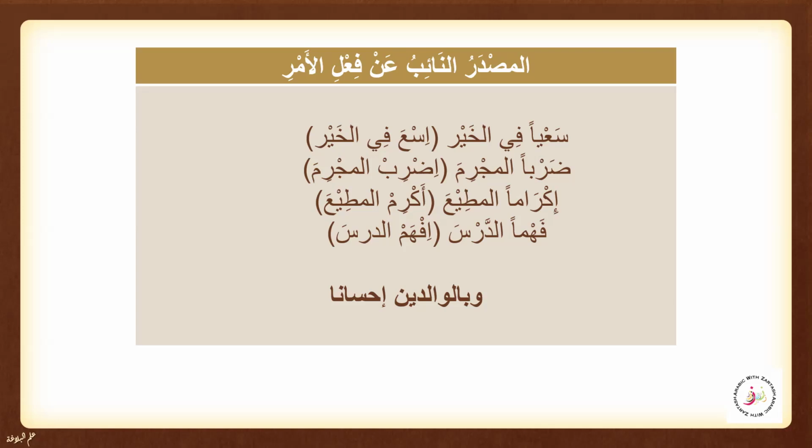Here you can see it has no fi'l or fa'il. The command is considered general, and you know that the isms are not restricted to time. They are not bound to time. That means whatever is written here, وَبِالْوَالِدَيْنِ إِحْسَانًا, this command is not specified for a certain time period. It is for all generations.